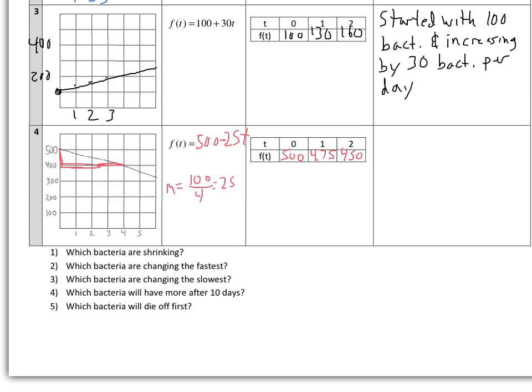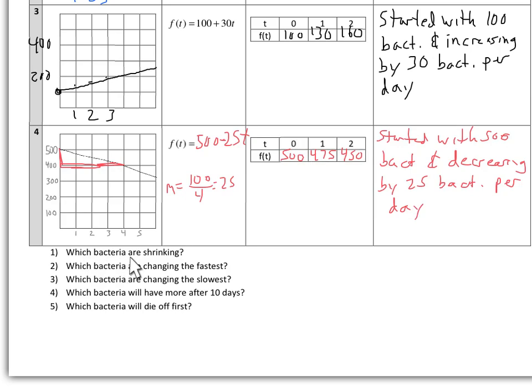Now for the word problem, well, look at the beginning. We started with what? Started with 500 bacteria, and we're decreasing, be careful on that one, by 25 bacteria per day.